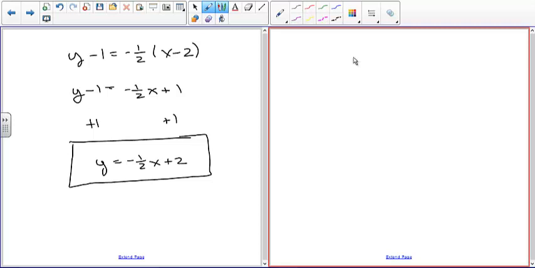Now, the next problem is easy because you've got y equals negative 3, and the slope of this is 0. So any line that has 0 slope is just going to be equal to y equals something. So we're going to have y equals 0. That's the y value here.